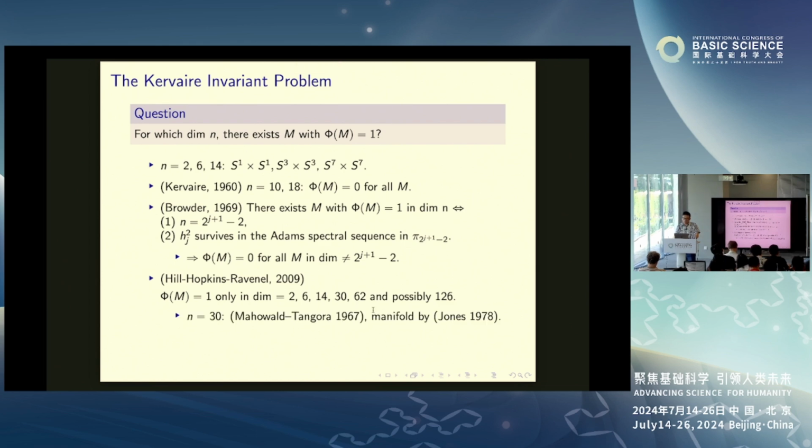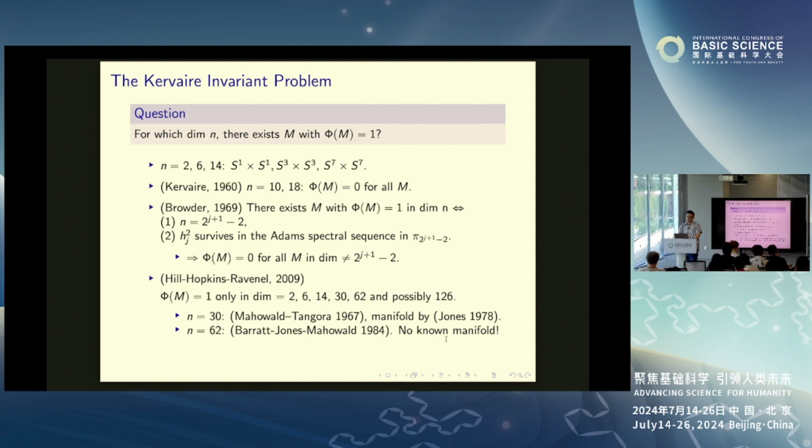I should mention that the first 3 cases are rather straightforward. The dimension 30 case was done by Mahowald-Tangora in the 60s, and there is an explicit manifold constructed by John Jones in his thesis in the 70s. The dimension 62 case was done by Barratt-Jones-Mahowald in the 80s.